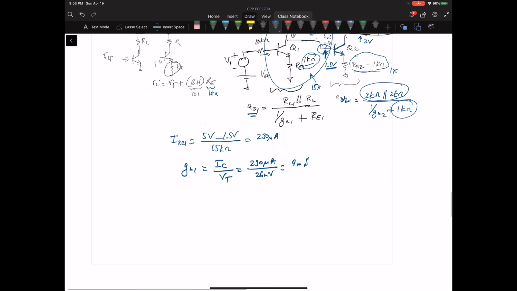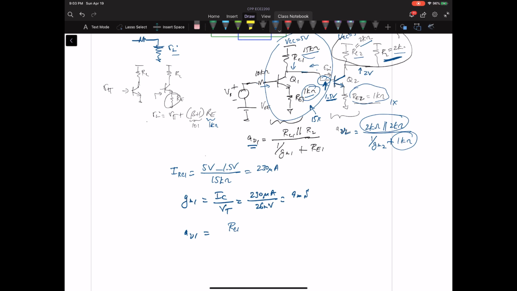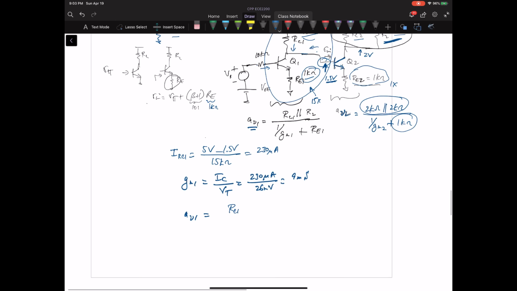So the gain AV1 is R sub C1, and again, I'm assuming the input resistance of the second stage is very high, so the gain is going to be minus 15 k ohms over 1 over gm1 plus RE1. So this is 1 over 9 millisiemens plus 1 k ohm.